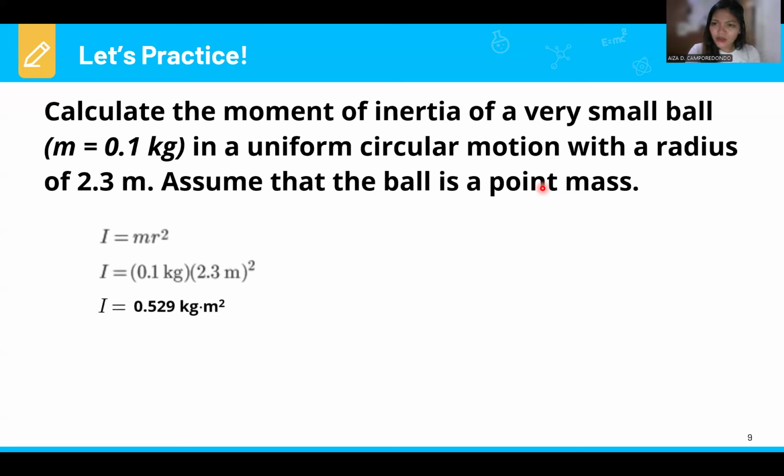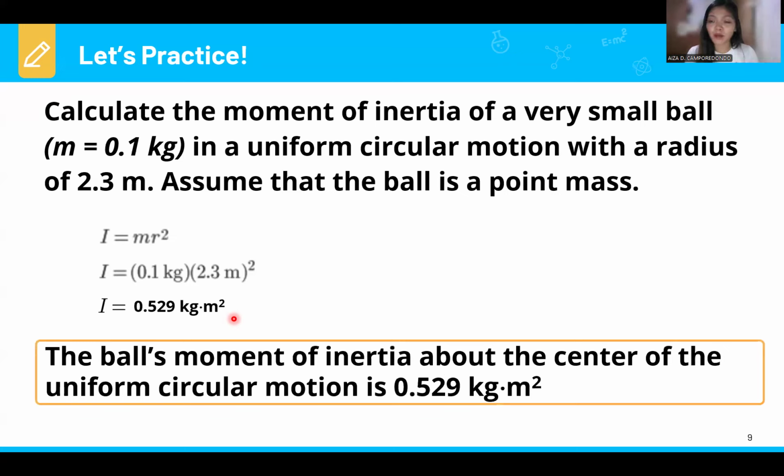If we calculate this, we arrive at I equals 0.529 kilogram meter squared. Thus, we can conclude that the ball's moment of inertia about the center of the uniform circular motion is 0.529 kilogram meter squared.